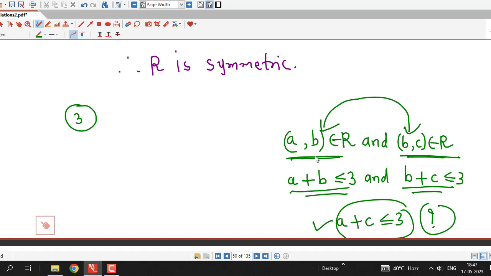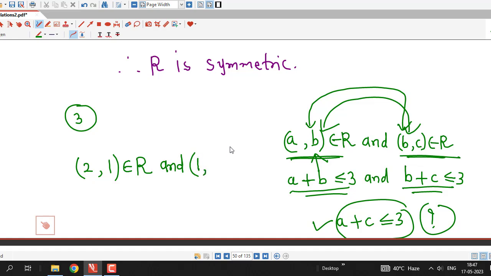Now we have to decide a, b, c in such a way that the second component of ordered pair (a, b) is equal to the first component of ordered pair (b, c). So you can see that if I consider (2, 1), then (2, 1) belongs to R, because 2 + 1 is equal to 3, and here I must consider 1.